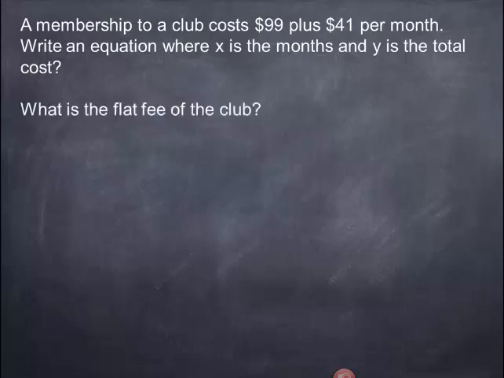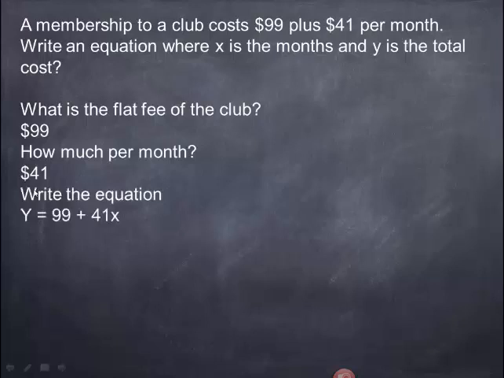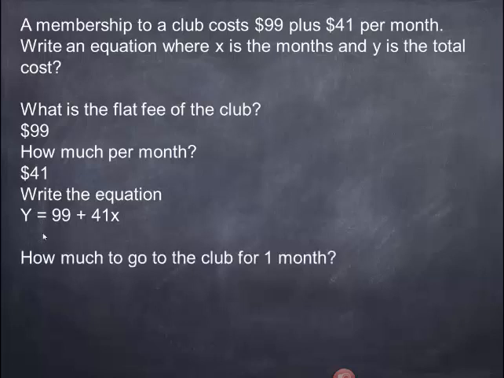Okay, so my equation, my flat fee is $99, and it's $41 per month. So my equation is 99 plus 41x. Is that what you got? Excellent. So now let's take this and figure out what it's going to be for a certain amount of months. How much is it going to cost me if I go to the club 1 month?